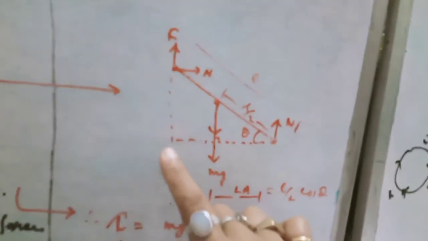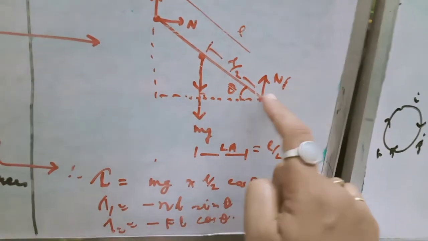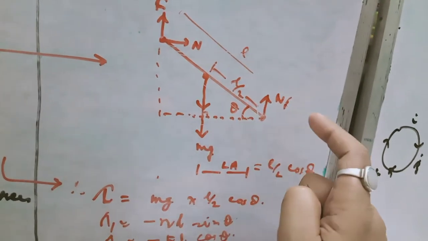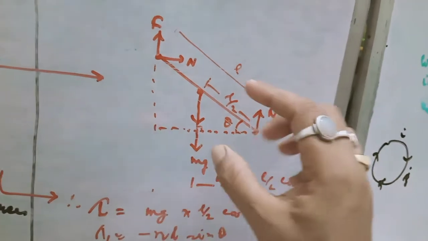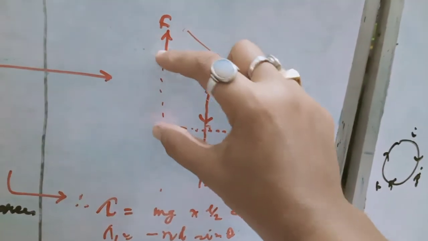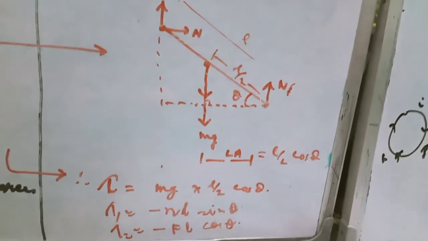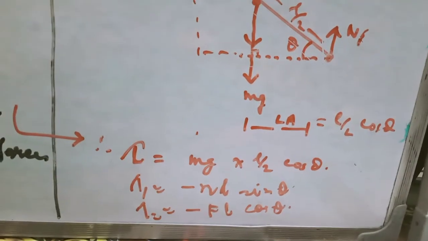Now see the distance. This is the distance from the fixed point to the line of action of the force. This is theta, so this is L sine theta. Since it is clockwise, it will be capital N, L sine theta, not small n.